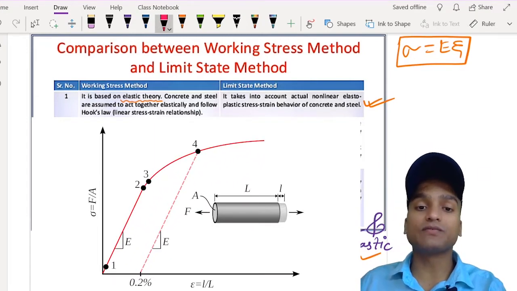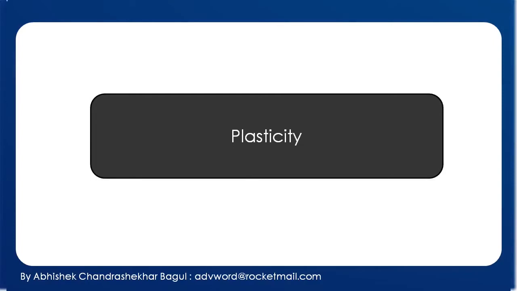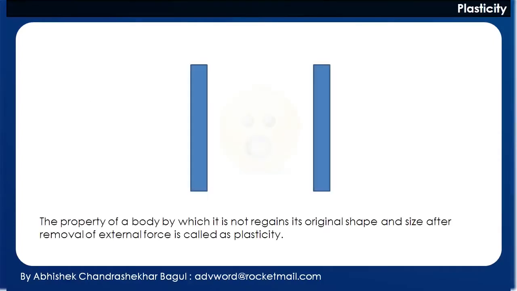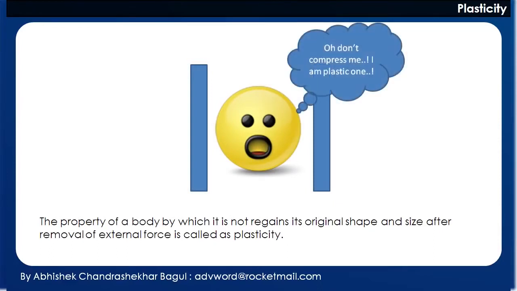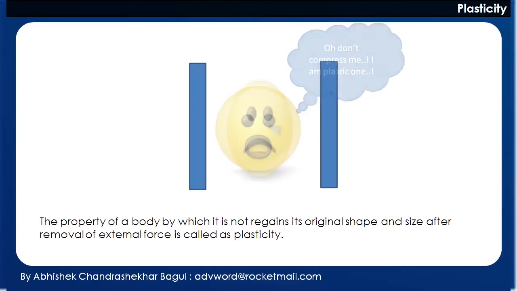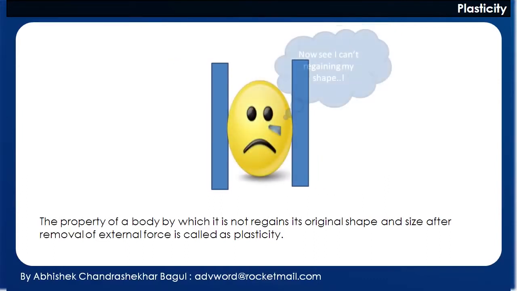If we apply a force on a material, the stress is linear to the strain up to the elastic limit. But if we cross that limit, the material starts behaving in an elastoplastic fashion. And what happens in the plastic region?